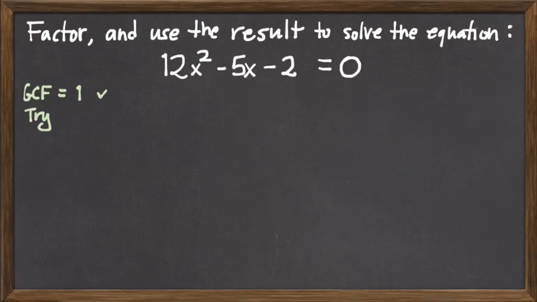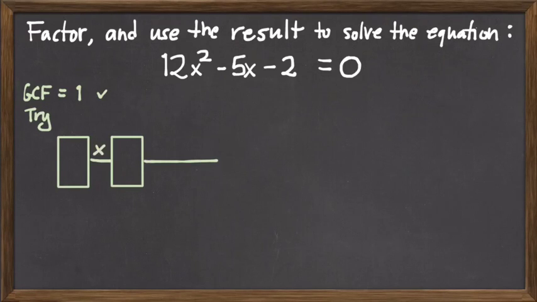So then what's the next thing that we might try? What will often happen is we'll try to use a technique similar to the one that we used in the previous module to factor this using the sum and the product method. So what does that look like in this example? We'd be looking for a pair of numbers which add together to give me something and which multiply together to give me something.